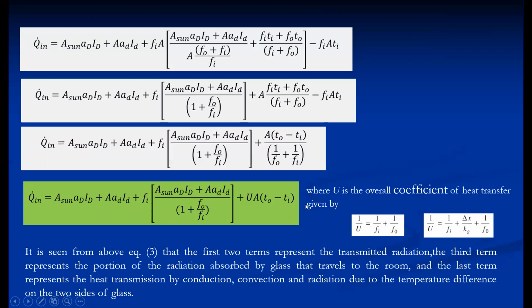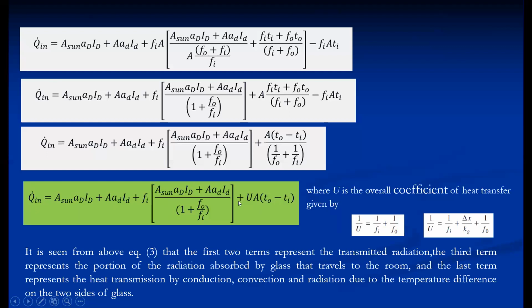It is seen from this equation 3 that the first two terms represent the transmitted radiation, that is, transmitted radiation due to direct radiation or diffuse radiation.